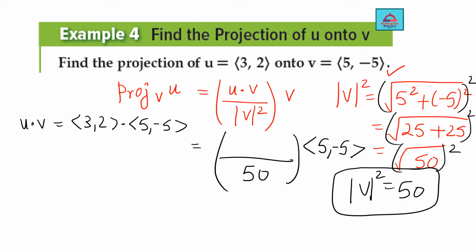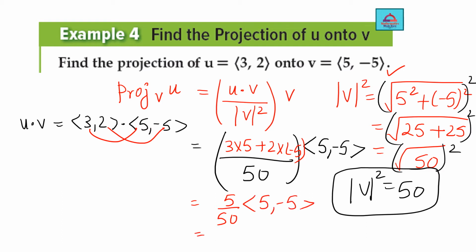So x with x, y with y. So it will be 3 multiplied with 5 plus 2 multiplied with minus 5. Let's simplify. So this is 15 minus 10, 5 over 50 times 5 comma minus 5. Divide by 10, you cancel this out. So this is 1 over 10 times 5 comma minus 5. Cancel and simplify. So 1 by 2 comma minus 1 by 2.